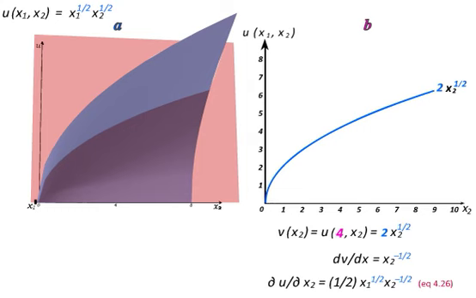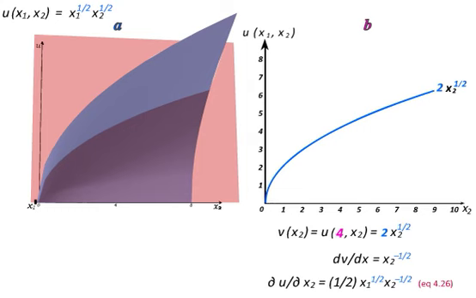We can now find that same slope by using our general expression for the partial derivative of u with respect to x2. Our expression says that that partial derivative is equal to 1/2 times x1 to the 1/2 times x2 to the minus 1/2. Just plug x1 equal to 4 into this equation, and we get 4 to the 1/2, which is equal to 2, times 1/2 gives us just 1, so all we're left with is x2 to the minus 1/2.